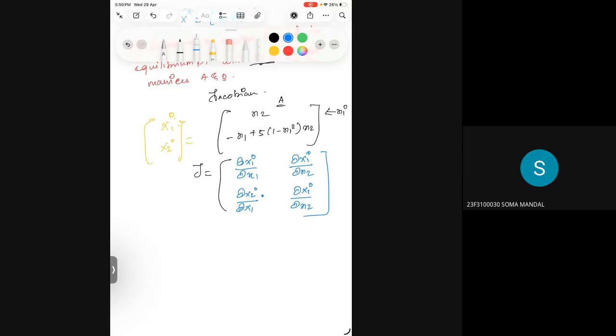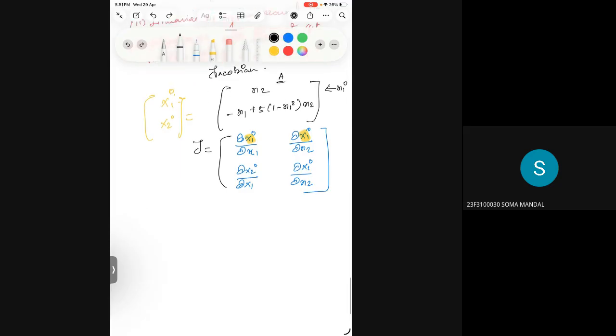Okay, fine. Sometimes I write dou x2 dot by dou x1 in the wrong place, so be aware. The function name should be similar at the top, and the state should be similar at the bottom. That's how you write the Jacobian matrix.